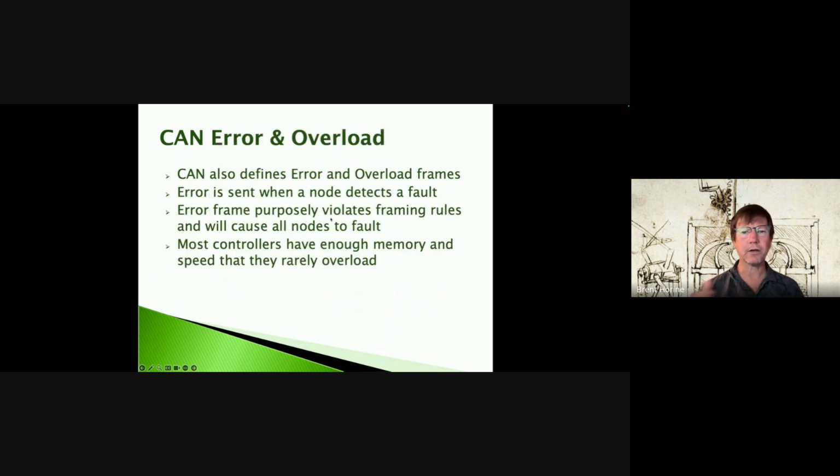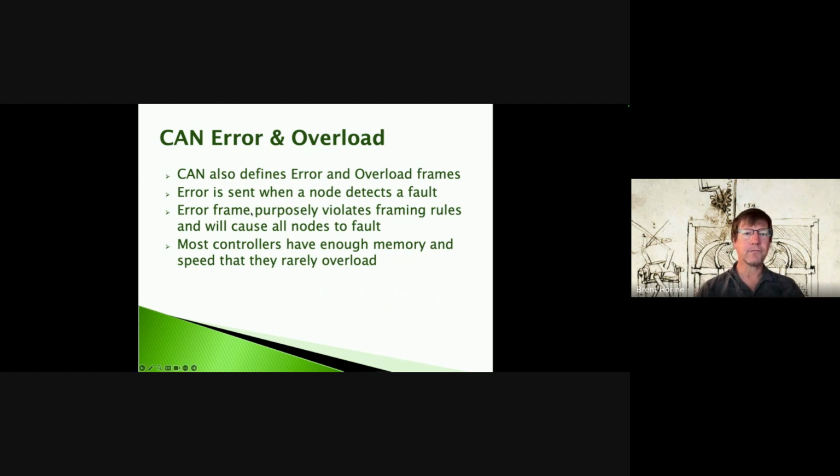We also have error and overload frames. Error is sent when a node detects a fault, right? Not just that we had something that failed the CRC, but really something more as a fault, right? Otherwise, it'd be handled through that acknowledgement process.